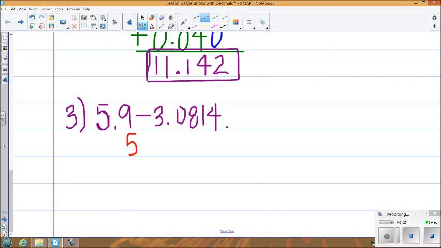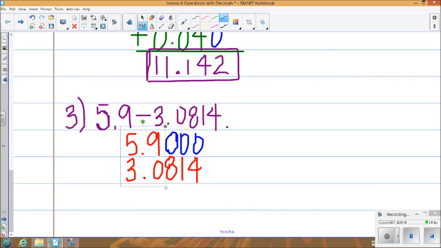So I have 5.9, and then I have 3.0814. So again, you want to line up your decimals vertically, and I'm going to want to add in those extra zeros. Especially for a subtraction problem, you want to be able to add in those zeros so that it's more helpful to see when you have to borrow.